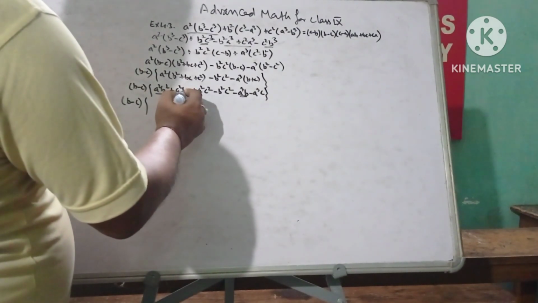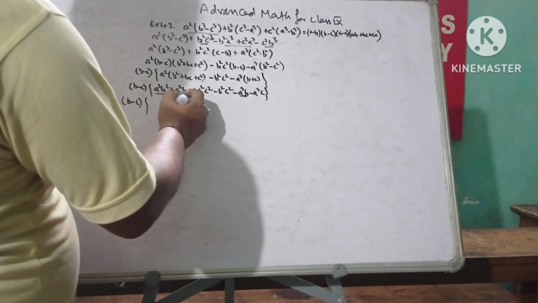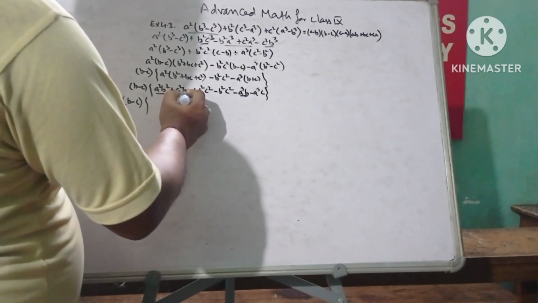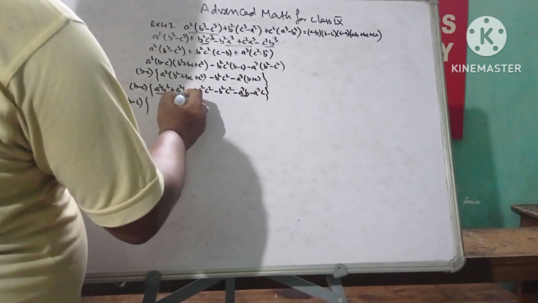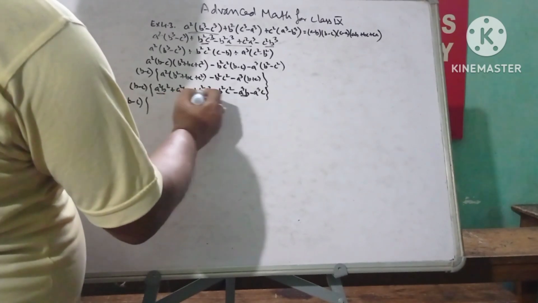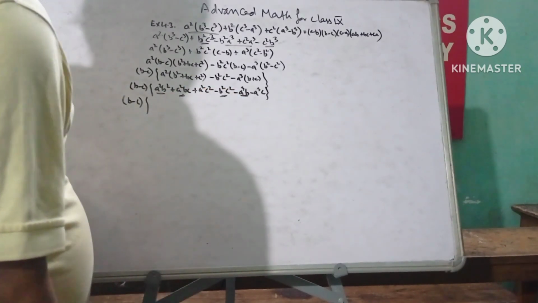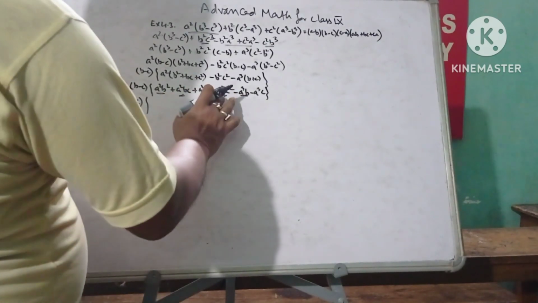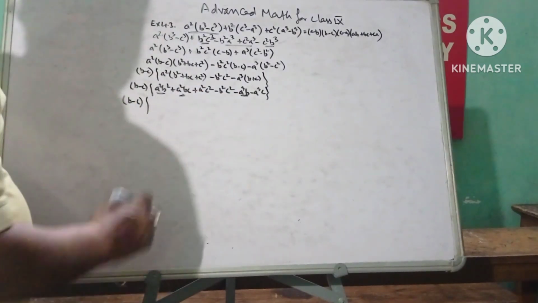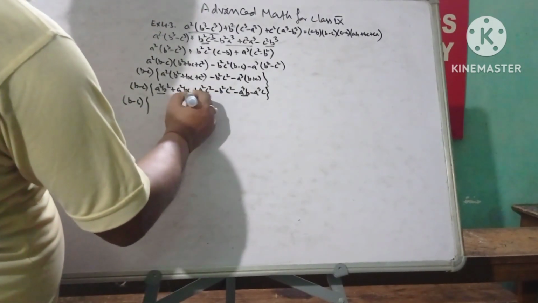If we take this and this, no, not this and this, again there will be a problem. Let me take these two.